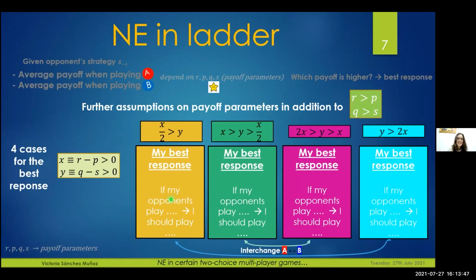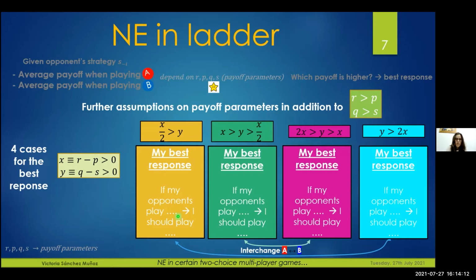But when you look at the details of those 4 lists, what you find out is that we can recover from this 3rd list, if we interchange strategies A and B, we can move from this list to the 2nd one, the green one, and same for the last list with the 1st one.